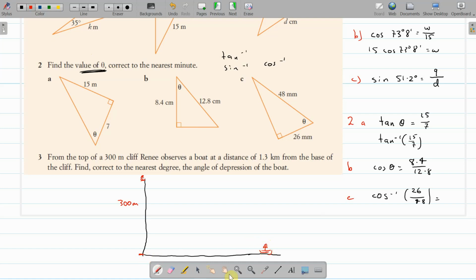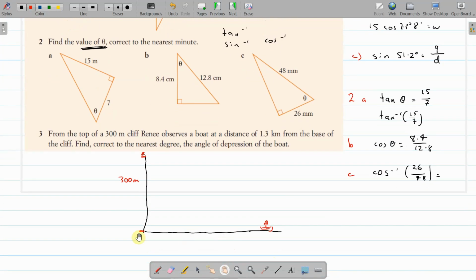And this distance here is the 1.3 k's, from the base of the cliff, which is here, to the boat. Find, correct to the nearest degree, the angle of depression.